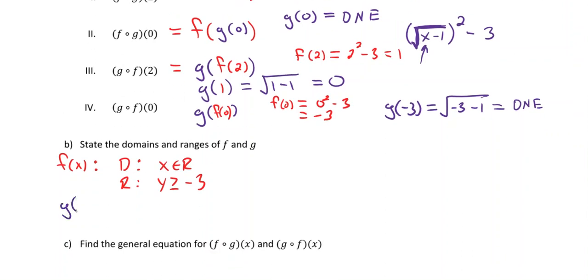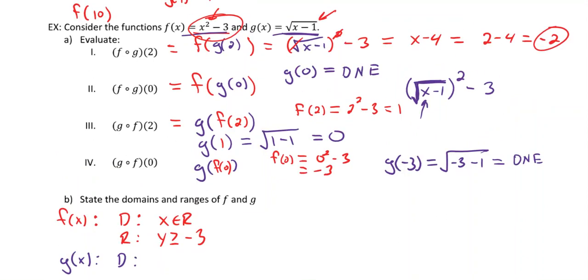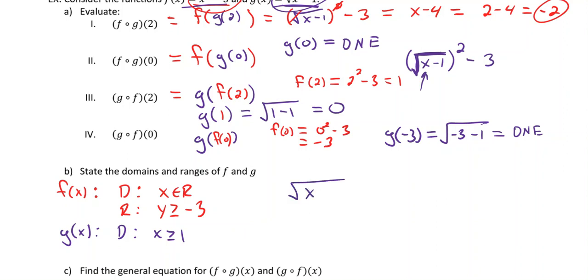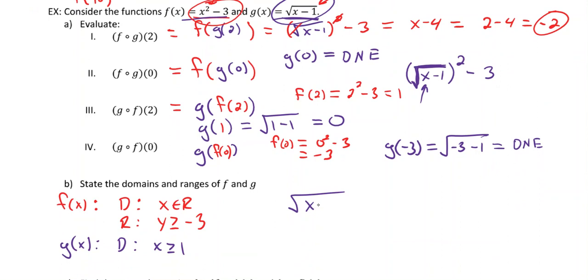Okay, g of x. What would the domain be for g of x? Remembering that g of x was the square root of x minus 1.